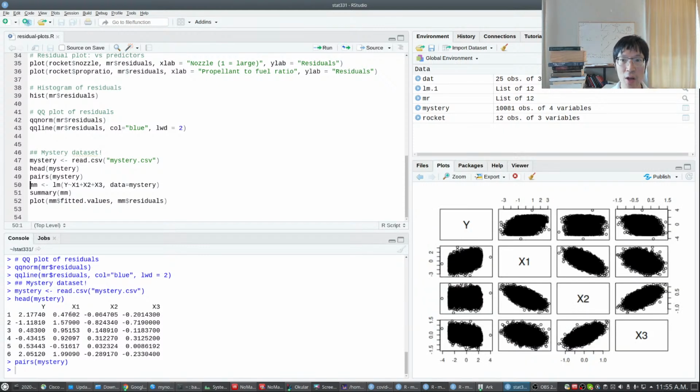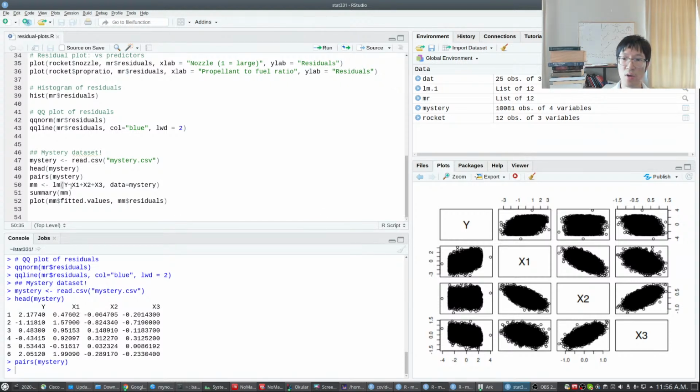Remember when we were looking at multiple regression, each of these represents, for example, the plot of y against x1 and y against x2, and then it also plots the predictors against each other. Okay, so that looks fine as far as fitting a linear model. So let's go ahead and do that.